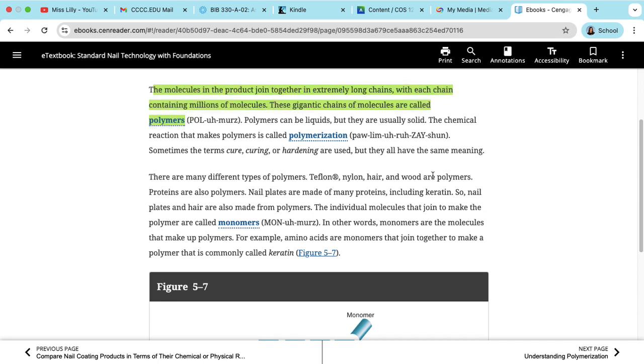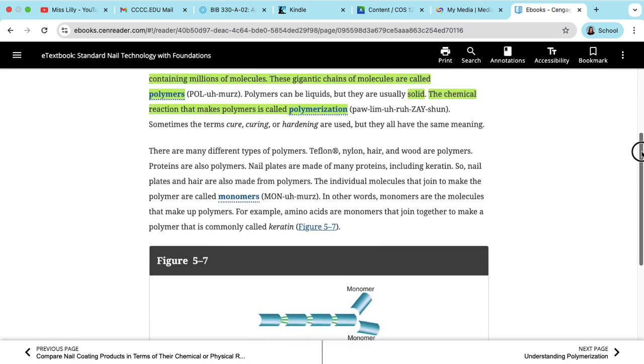Polymers can be liquid, but they are usually solid. The chemical reaction that makes polymers is called polymerization. Sometimes the terms cure, curing, or harden are used, but they mean polymerization.